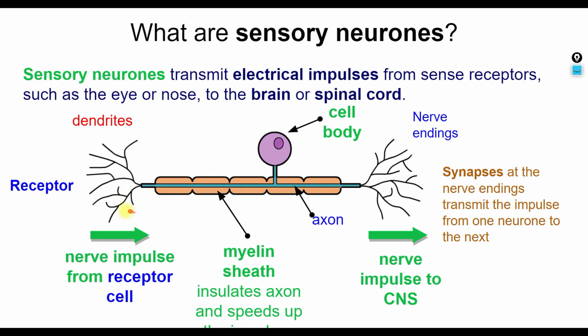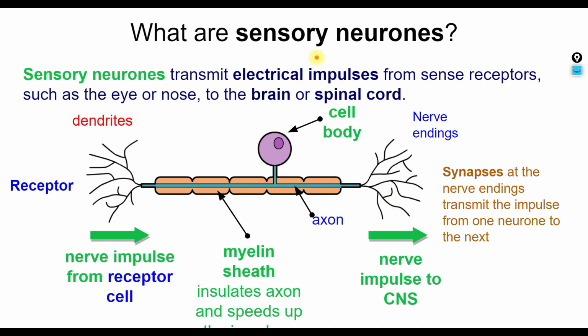The electrical impulse in a neuron only moves in one direction, from the beginning, near the dendrites, down the axon, to the nerve endings. Now the nerve endings look like dendrites. They look like small branches. But they're not dendrites, they're nerve endings, because that's where the nervous impulse ends up.